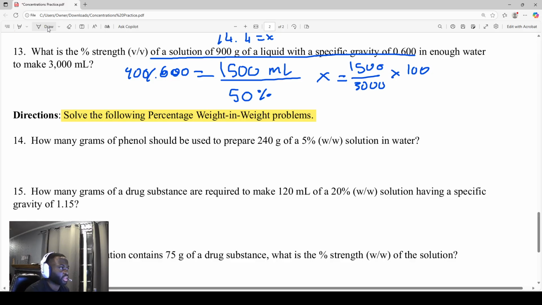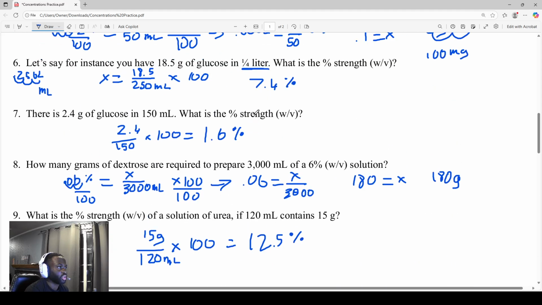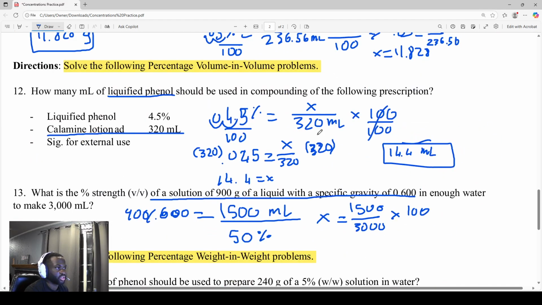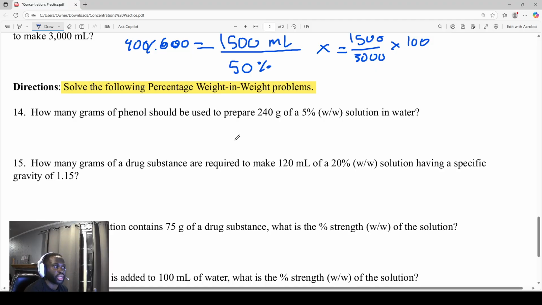Same deal. The math doesn't change very much. It's just now, instead of dealing with grams and milliliters over here, and then milliliters and milliliters over here, we got grams and grams. Weight on weight. So it asks us how many grams of phenol should be used to prepare 240 grams of a 5% solution.